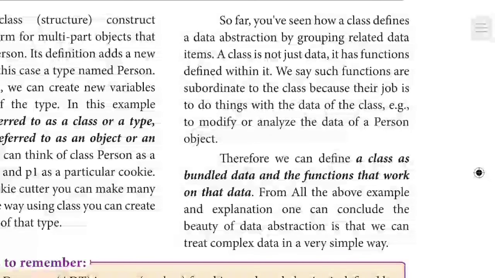Therefore we can define a class as bundled data. A class is bundled data and the functions that work on the data. So a class is a group of data created as a cluster or bundle, and some functions or tasks that are carried out on this data to provide new data. So that is a class.